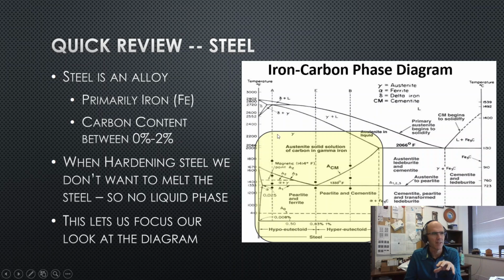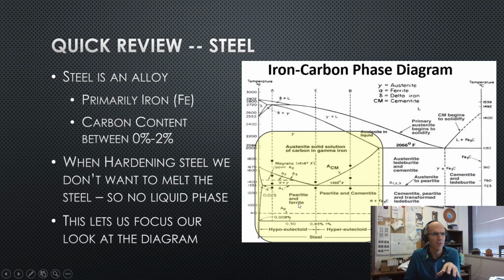But we're going to take a look at this range right here, and we can further simplify it by restricting our range of temperatures, because nothing really much interesting happens to our steel below about, well, this says 410, but the degrees Celsius is right over here. There's our 723 Celsius.